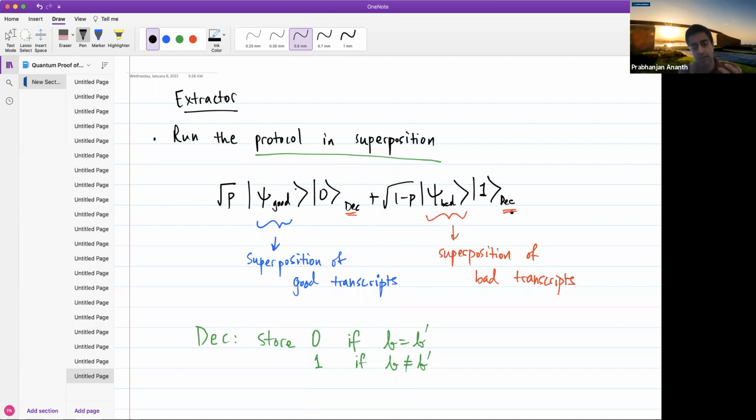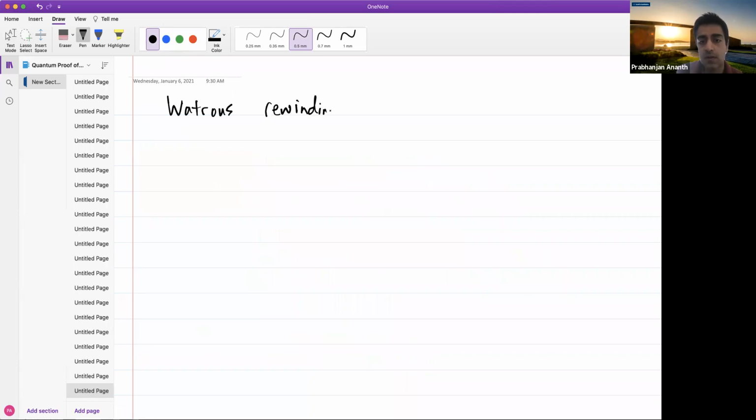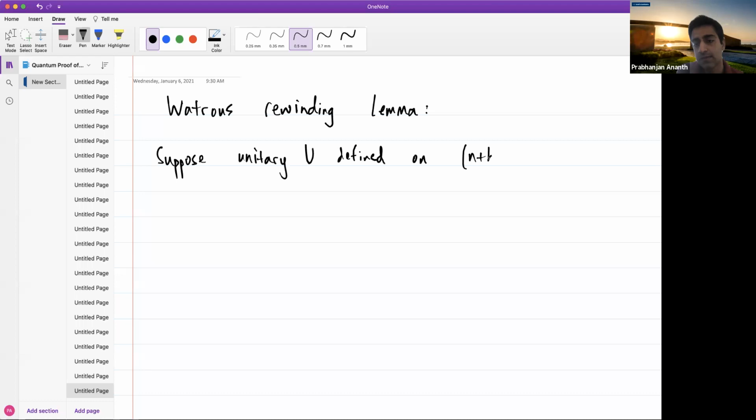Okay. And the reason I'm writing the final state in this form is so that I can use Watrous rewinding. So just to recall the Watrous rewinding lemma: suppose we have a unitary U defined on, let's say, n plus k qubits, satisfying the following condition.